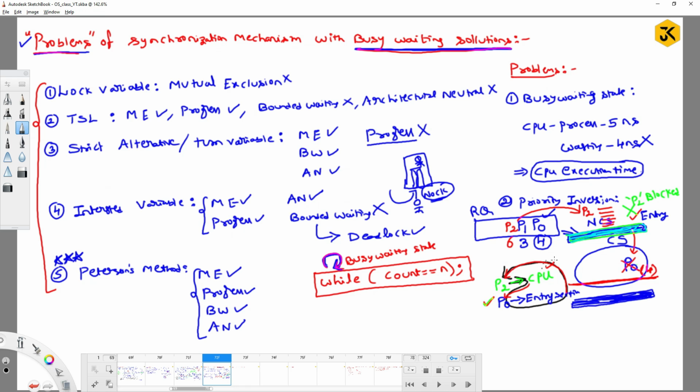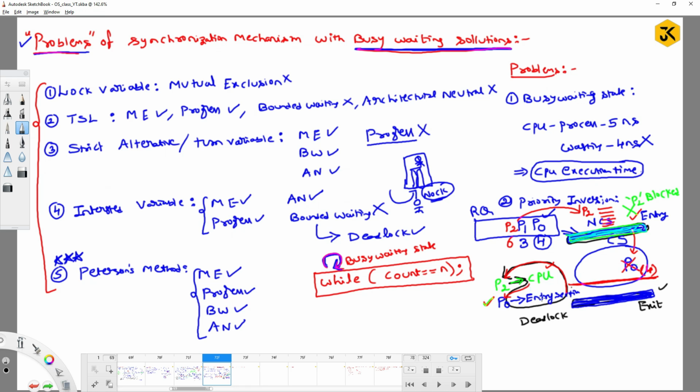I am depending on you and you are depending on me. At the same time, you are going to get a problem called deadlock. P2 is never going to leave this hurdle and P0 is never going to leave the exit hurdle. P2 gets the chance to execute only when P0 executes the exit condition. But if P0 wants to execute the exit condition, it requires the CPU.